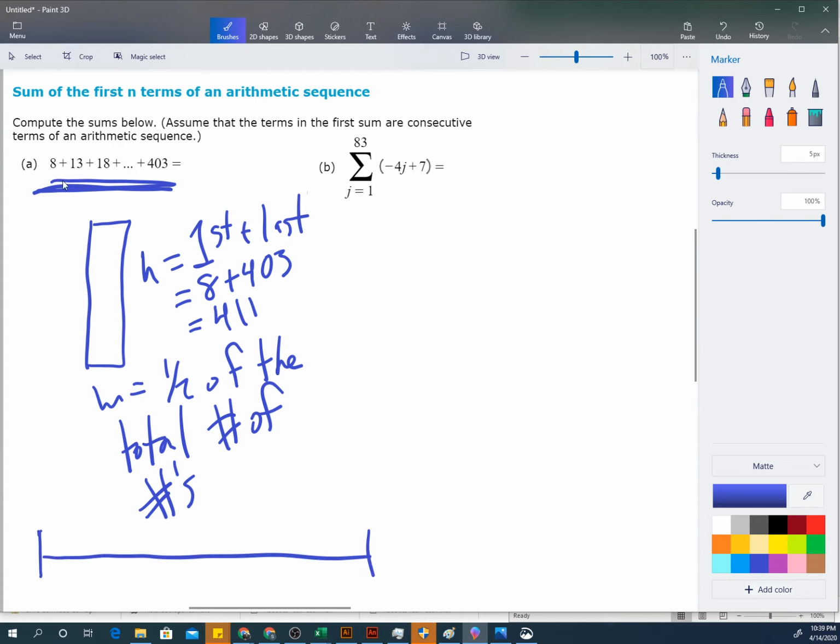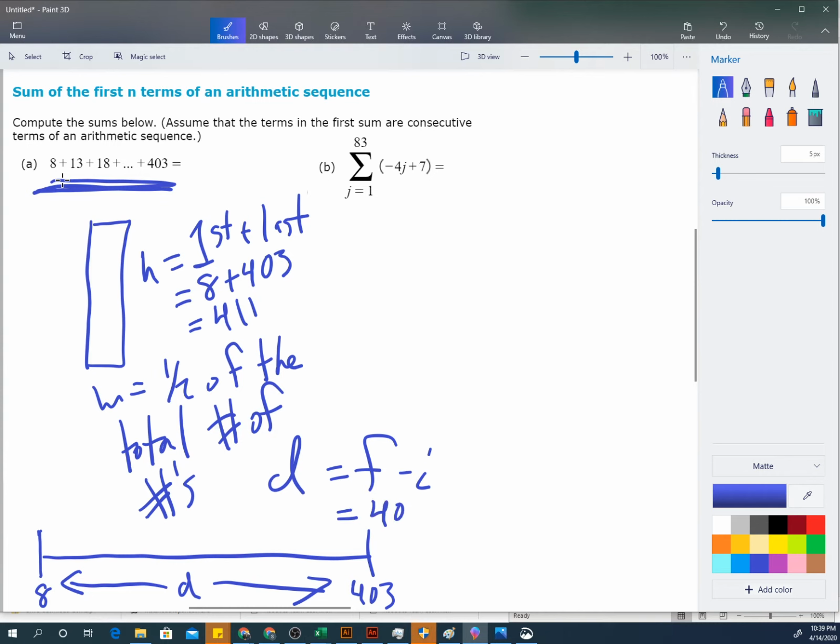And the way that I prefer to do it again is to find the distance between these numbers. And again, the distance is always final minus initial. So we're going to take 403 minus 8. $395. And we need to understand what that pattern is, because now we need to divide it up to see how many numbers there are.